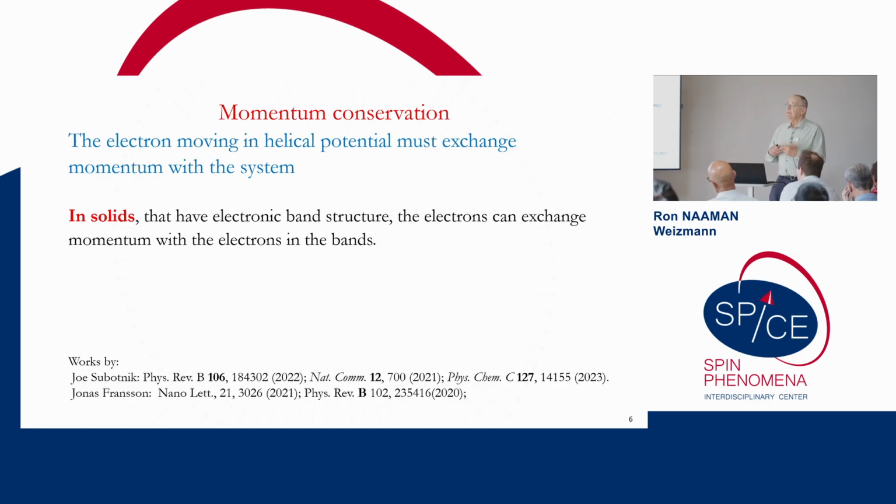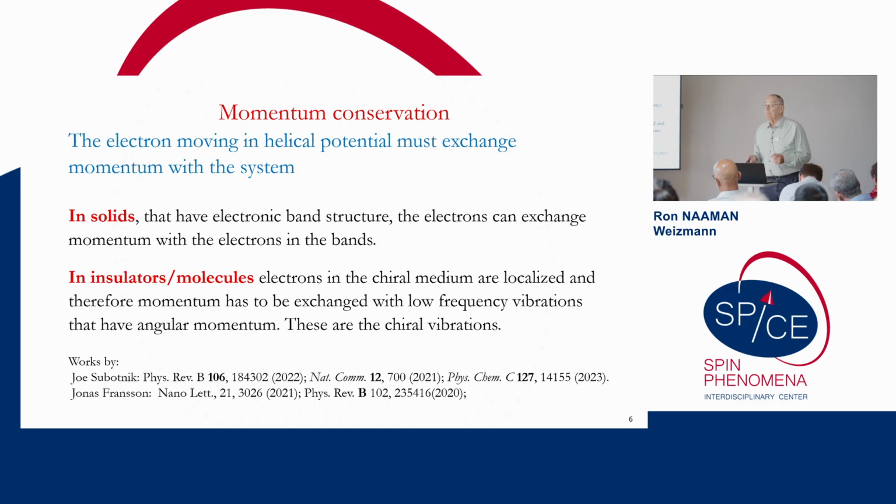We have delocalized electrons in the bands, and the electron can exchange momentum with these delocalized electrons with no difficulty. However, if we deal with organic molecules, it is a problem because the electrons in organic molecules are localized. Therefore, they cannot take momentum because it requires a lot of energy.